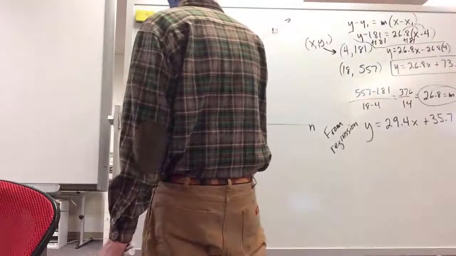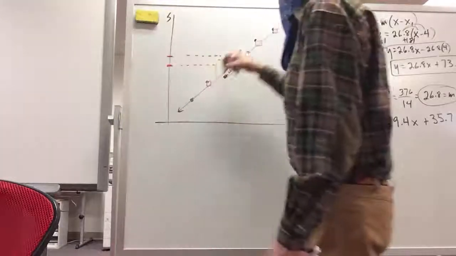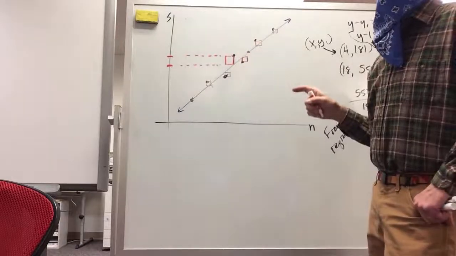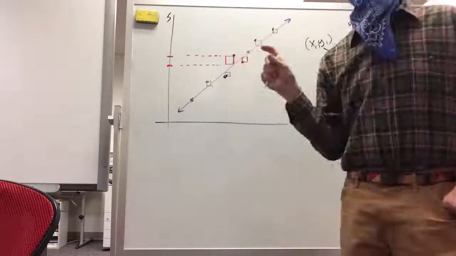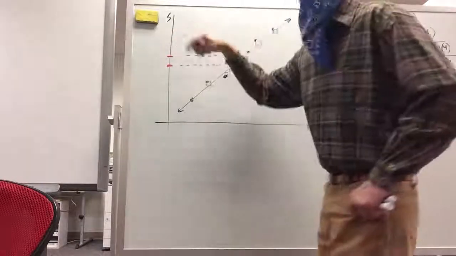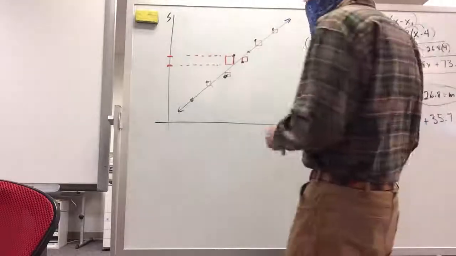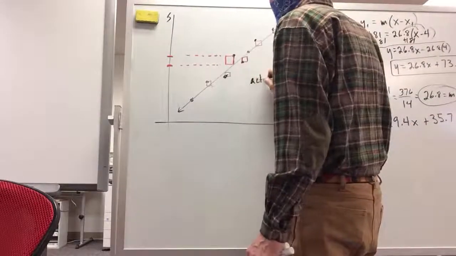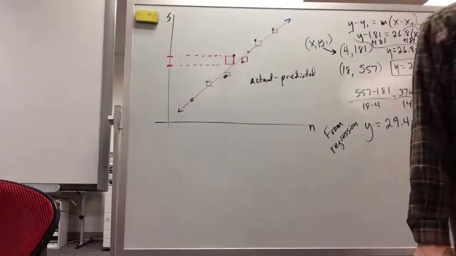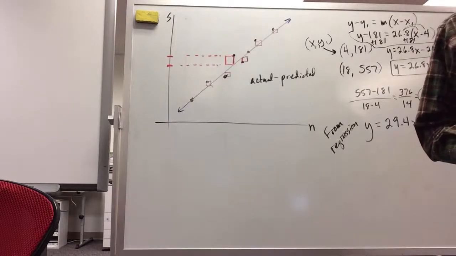So if we were to look across over here, this difference between the actual score and what the line would predict, that difference is a set amount. This is a smaller amount, so if you come over here, it's a smaller difference between the actual and the predicted score. And if we were to do a calculation where we took the actual and we subtracted the predicted, that's a deviation. That's how far away our actual data is from the predicted data.